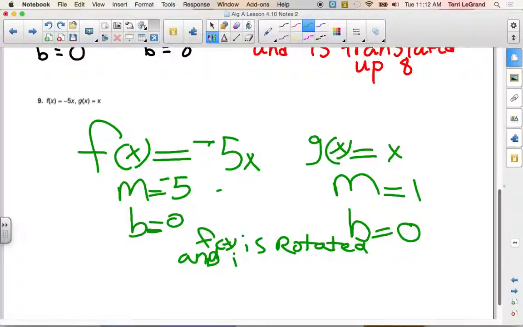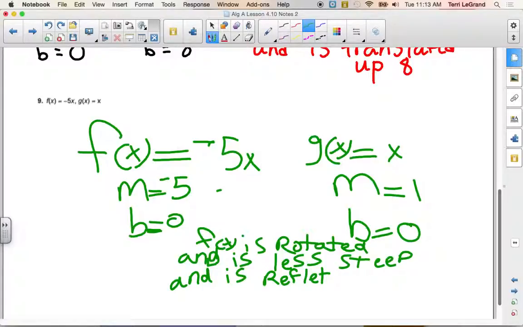So f of x is rotated and is less steep, and is reflected across what? The y-axis. So f of x is rotated and is less steep, and it's also reflected across the y-axis.